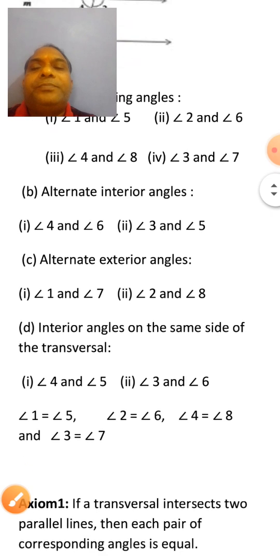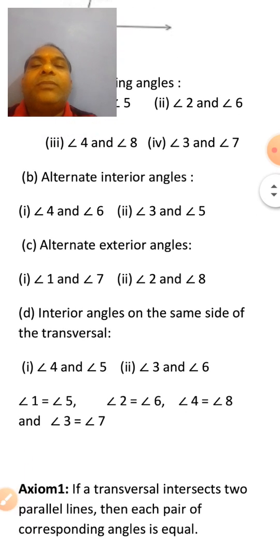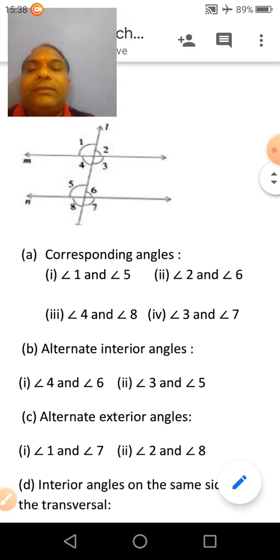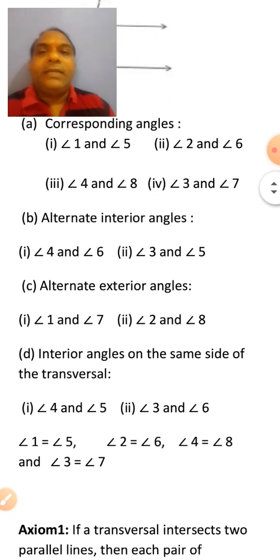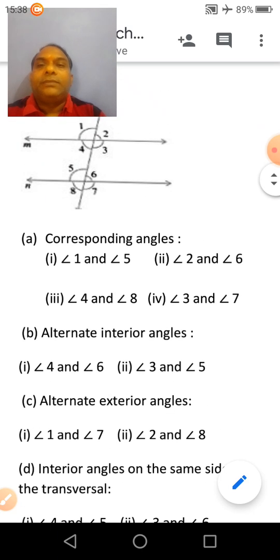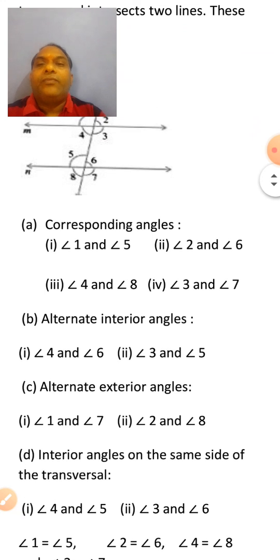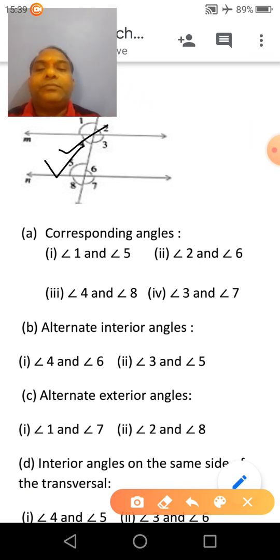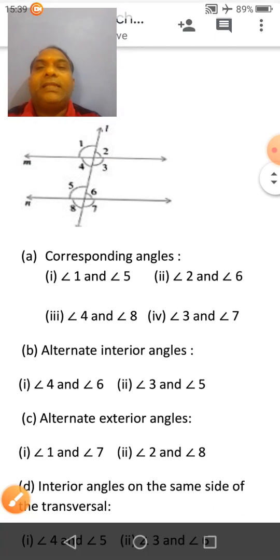Now, interior angles on the same side of the transversal. Interior angles on the same side of the transversal are angle 4 and angle 5, and also angle 3 and angle 6.